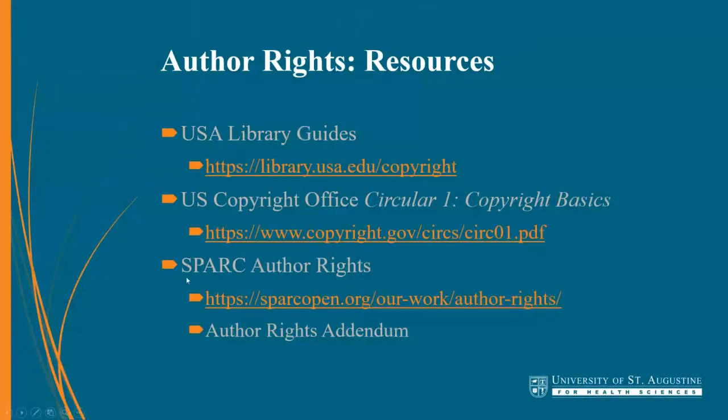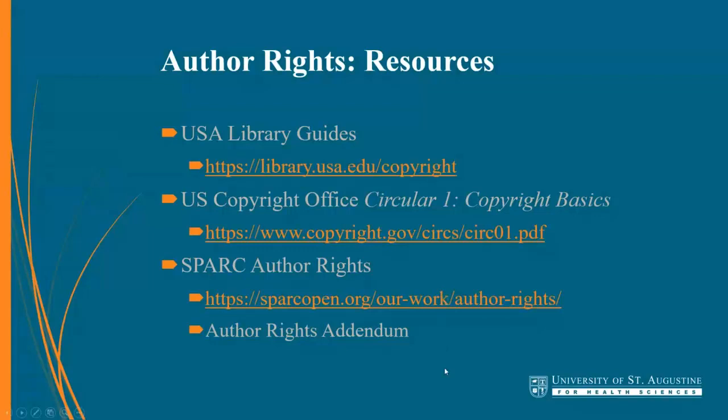But when it comes to the contracts, SPARC, which is a scholarly publishing association, put out a brochure and an author rights addendum that takes you through that contract negotiation process. I think that's one of the single most useful resources I've found when it comes to author rights.